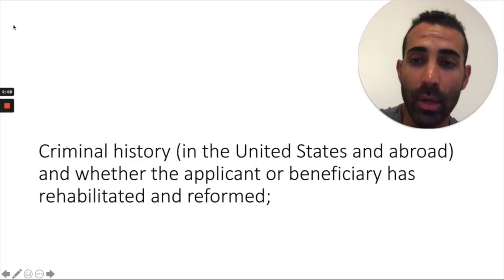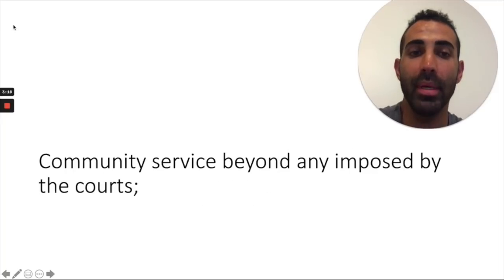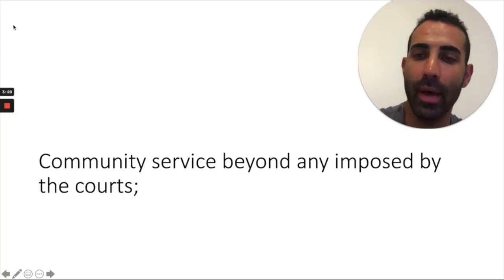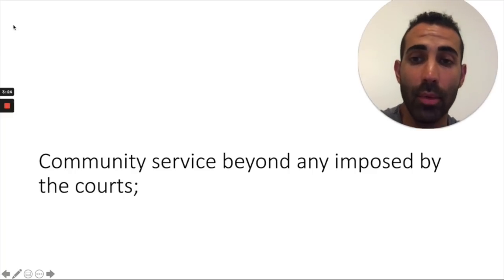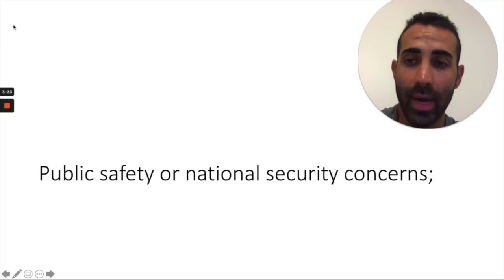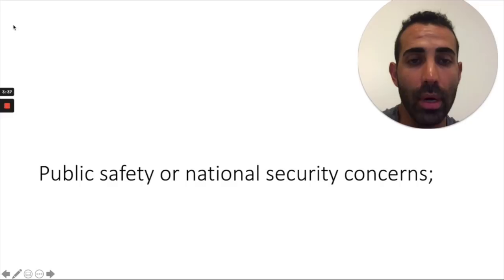Next, we have criminal history. Again, criminal history in the United States and abroad, and whether the applicant or beneficiary has rehabilitated and reformed. Community service beyond any imposed by the courts. So they could potentially factor in somebody's community service. They could also factor in public safety or national security concerns.